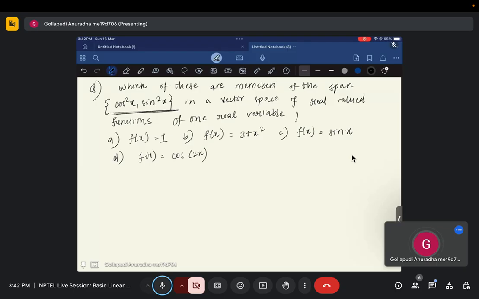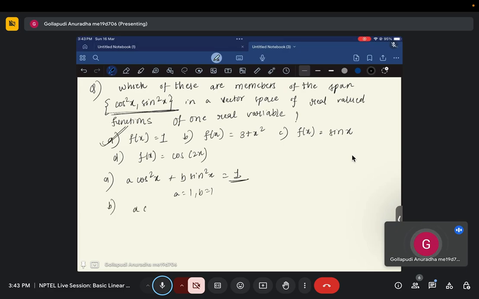So the vector space spanned by cos square x and sin square x will be in the form of the linear combination a cos square x plus b sin square x. For the first function, if a is 1 and b is 1, then definitely you can get 1 on the right hand side. So this is going to be spanned by cos square x and sin square x.